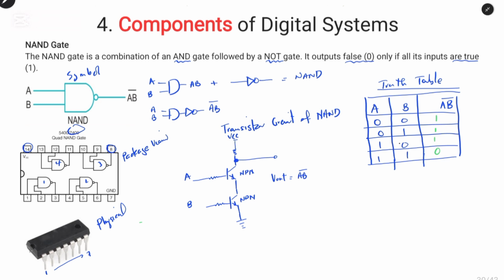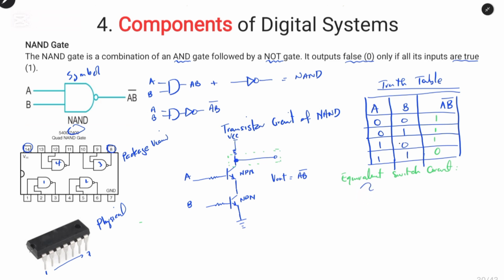I will now draw the equivalent switch circuit to help us understand the NAND gate. Previously we looked at this portion, which represents the NOT gate with a transistor.